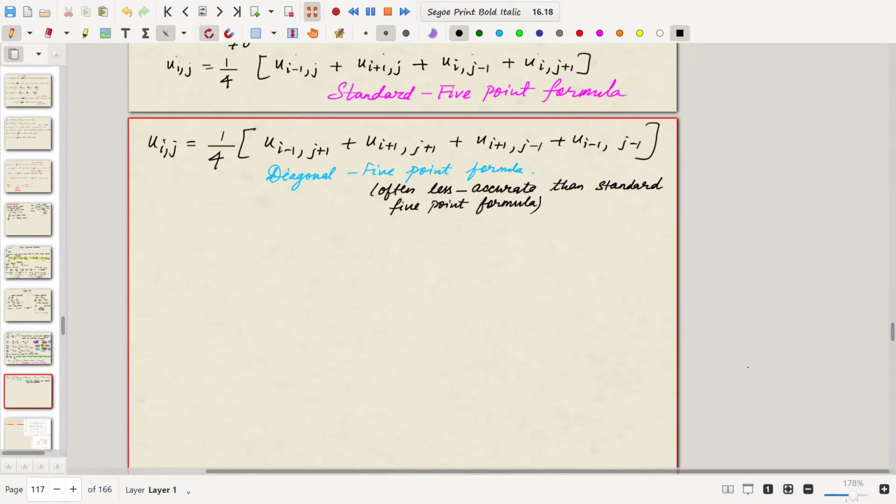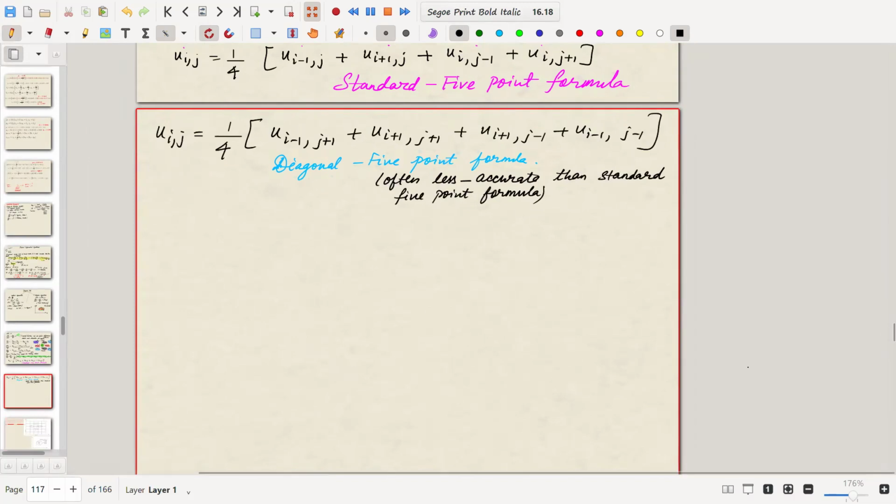So yes, based on these values, we will derive two more methods. We will revisit two more methods which you dealt with in last semester. What are those methods?